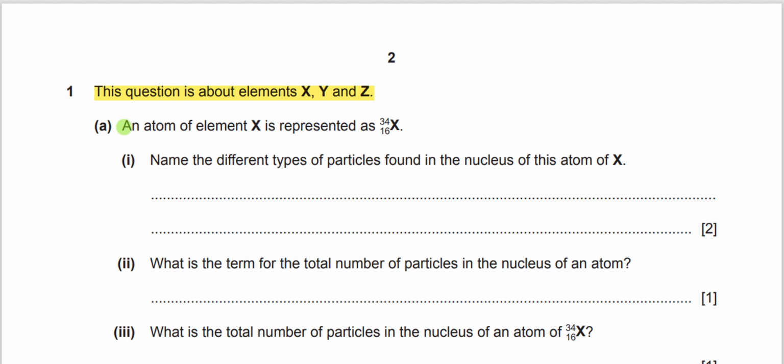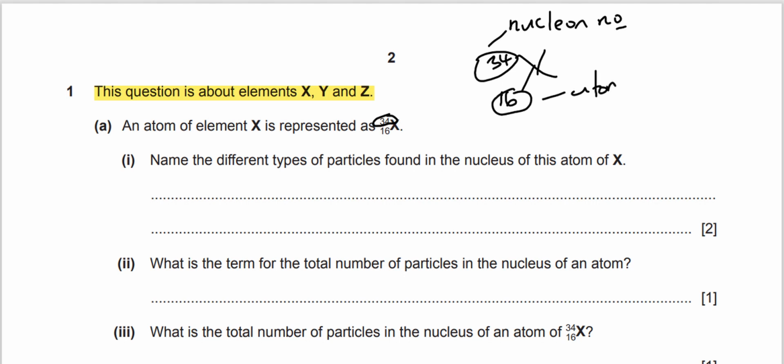It says an atom of element X is represented like this, X 34 16. From this representation, 34 is the nucleon number, while 16 is the atomic number.